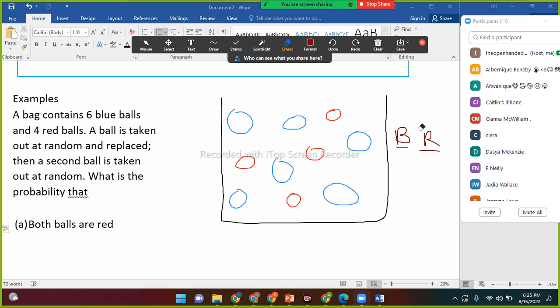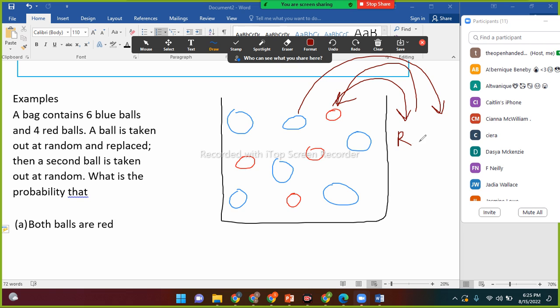Another thing that could happen is that we take out a red first, put it back, and then take out a blue. So we can have a red first, then a blue. Whatever happens, we take another ball and put it back and take another ball again. That's the outcome. That's the experiment. So let me leave that as such.